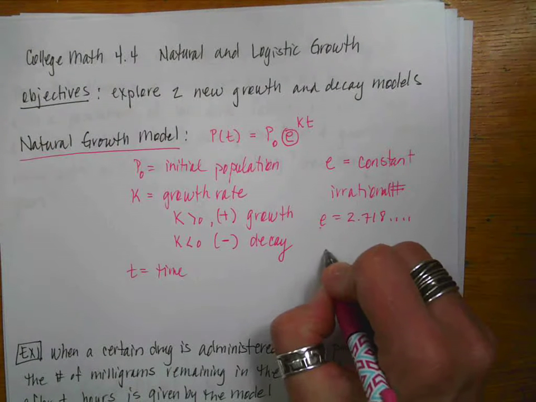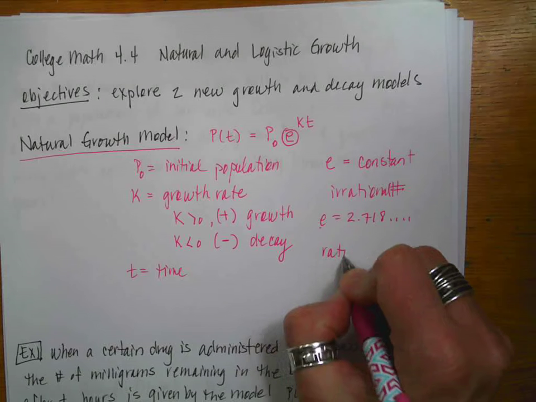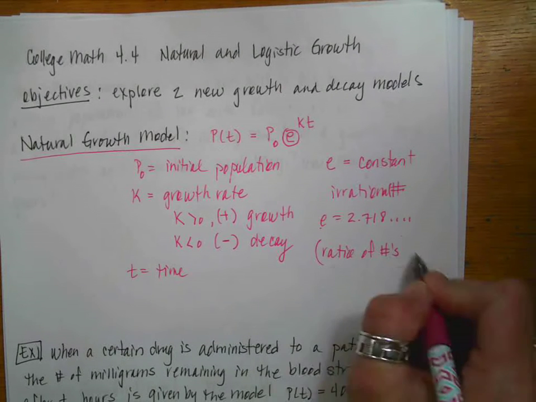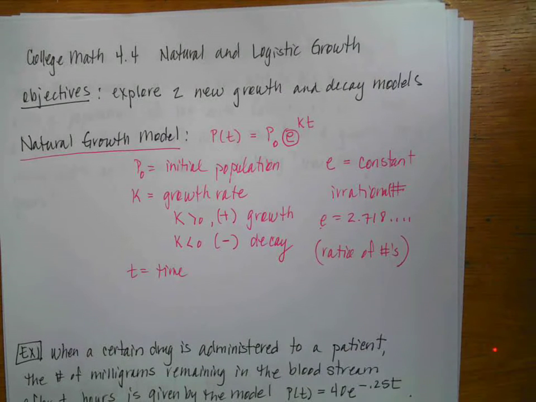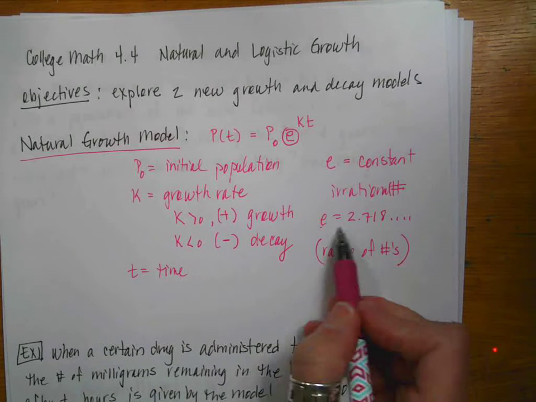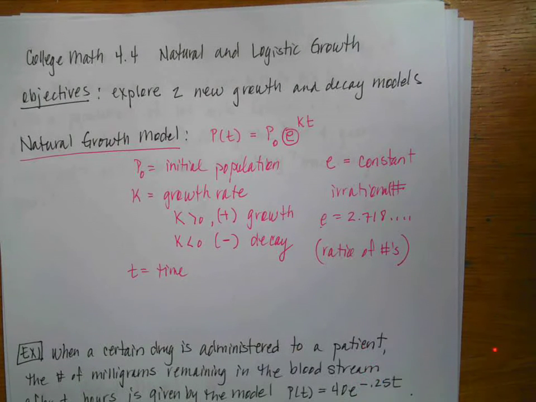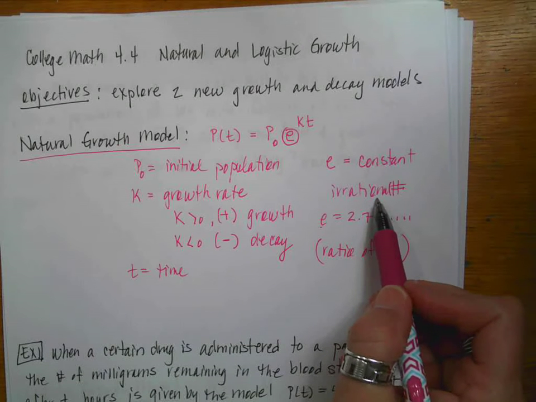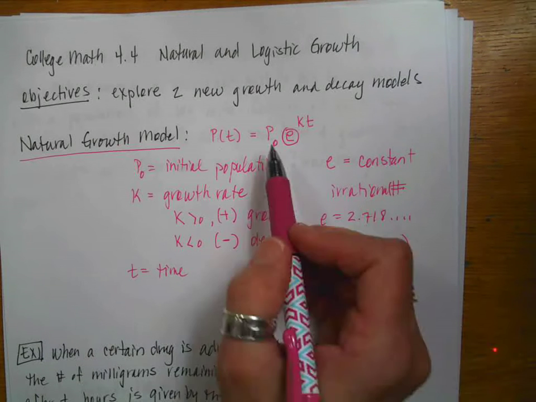It does represent a ratio of numbers, and we're actually not going to talk about what ratio or where that number comes from. For right now, all you need to know is that e is just a button on your calculator, and it is an irrational number. Alrighty, so I think that is all we need to know.